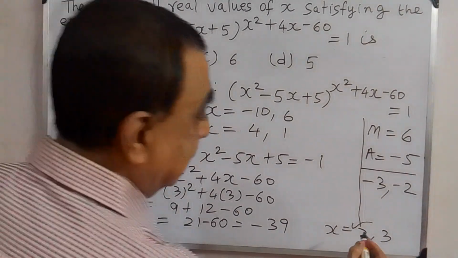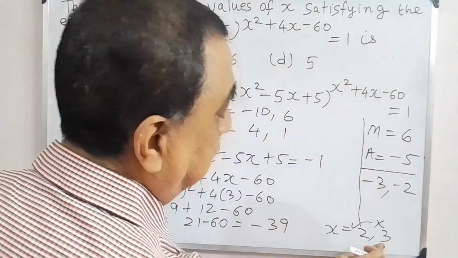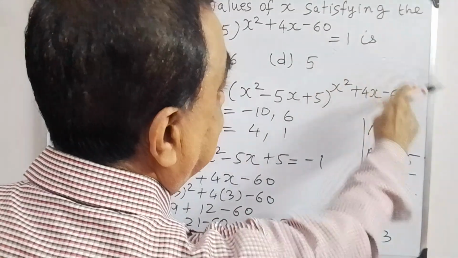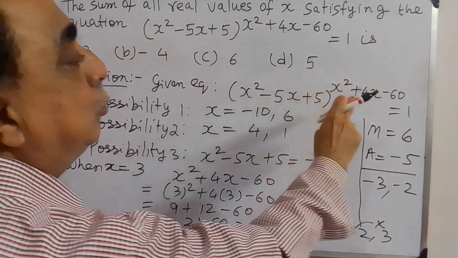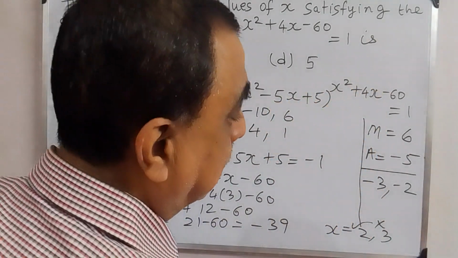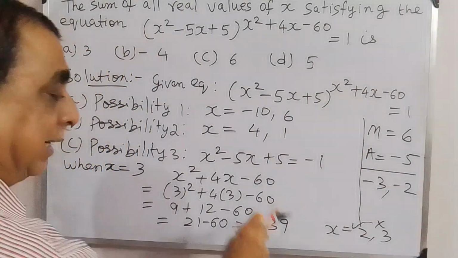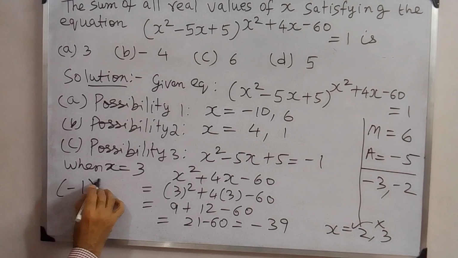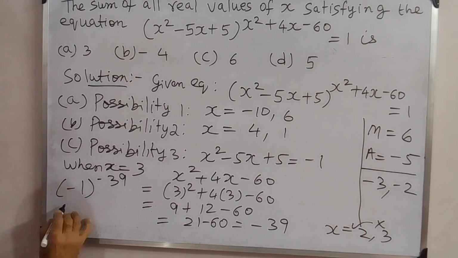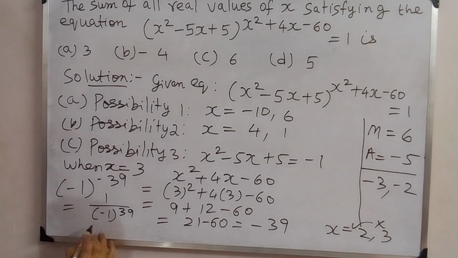So 3 is not accepted, because when we put the value x equals 3, we get an odd number. So then this becomes minus 1 to the power minus 39. What will be the value? It will become 1 divided by minus 1 to the power plus 39.